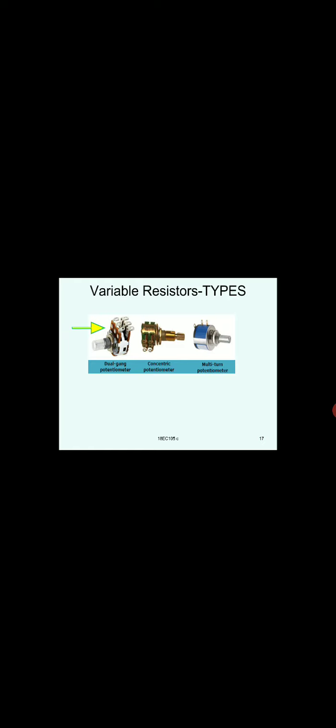This type of control was in use in the olden type of tape recorders, where we used to have a stereo control. I'm just telling you one small, common example.